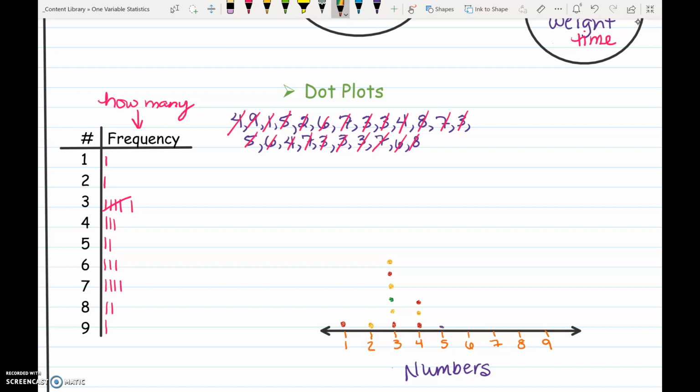Helps to really see the shape a little bit better. 2 5s, 3 6s, 4 7s, 2 8s, and 1 9. Beautiful. All right, so we have our dot plot. I numbered my number line numbers because, well, that's what we picked.